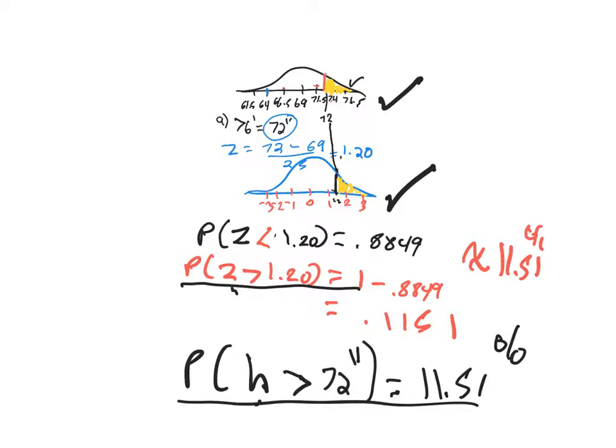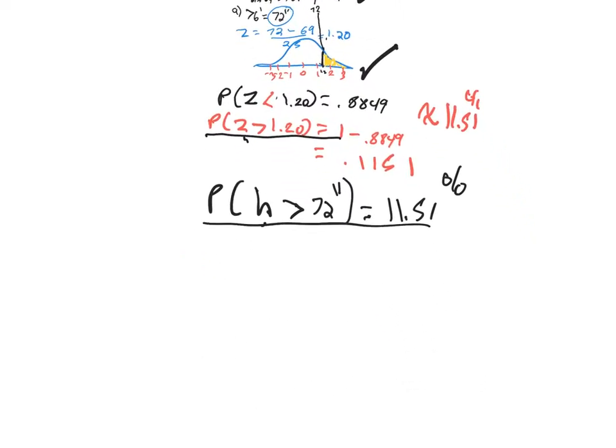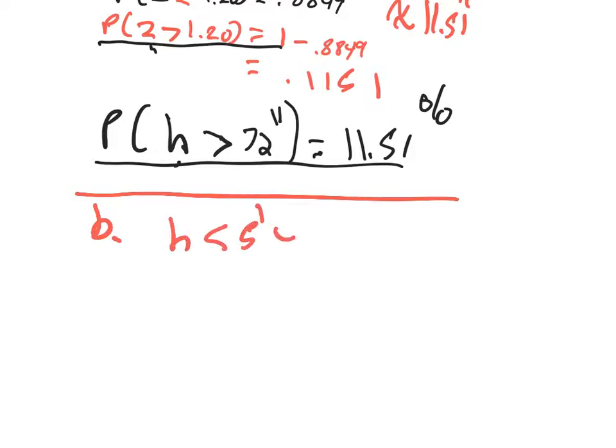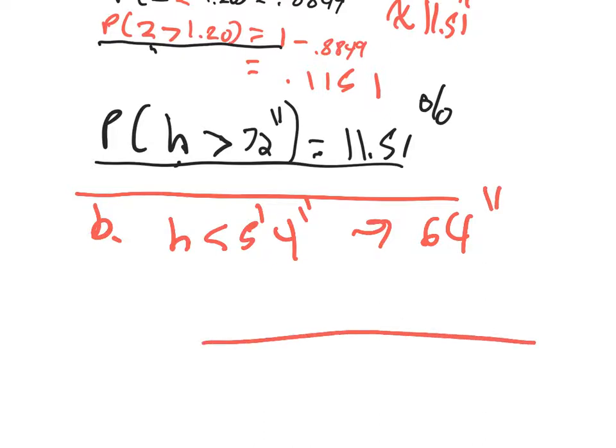Let's go back to B. So I'm going to do that problem over here. Same Z curve. This is letter B. I want the height to be less than 5 feet 4 inches. By the way, how many inches is that altogether? 64. So if I just did my normal curve with my heights, if the average is 69, where's 64 at?